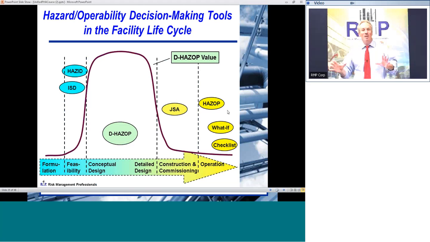Say something's not working and I have to make some change during commissioning. I can review the HAZOP, make sure that it doesn't interact with a high-risk scenario, or I can add other scenarios because I have to modify the design slightly. So yes, it can be used. If you don't have other tools to do that, it can help you with MOC, or management of change, during the commissioning phase.